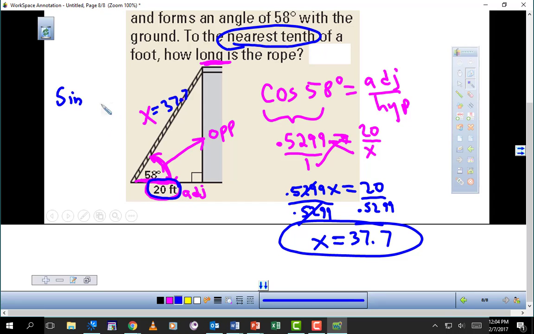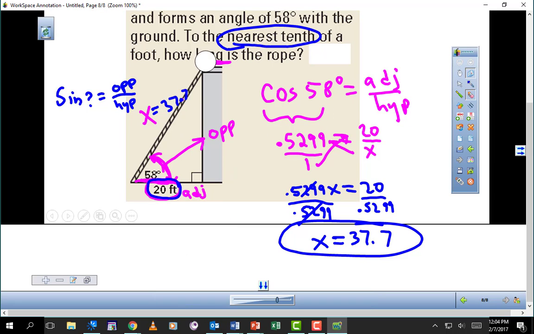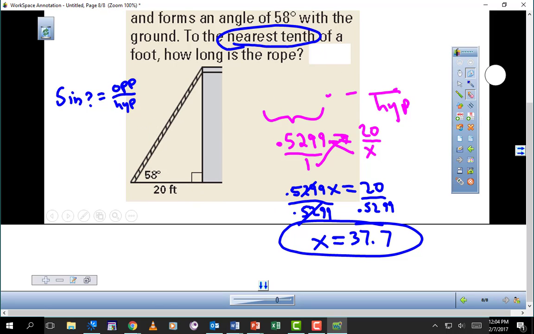In order to do the sine of an angle, whatever the angle is, I have to know the opposite side over the hypotenuse. Well, I want you to please pay attention because it's an important idea. I don't know the hypotenuse in this problem, right? That's what we're calling x.